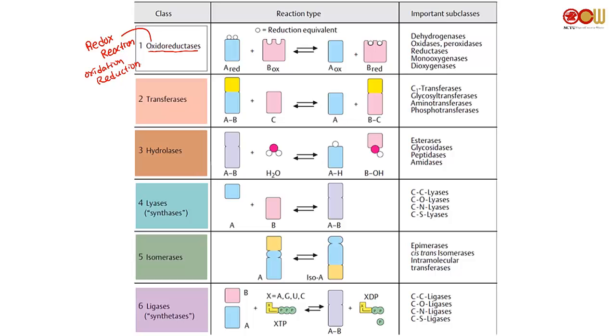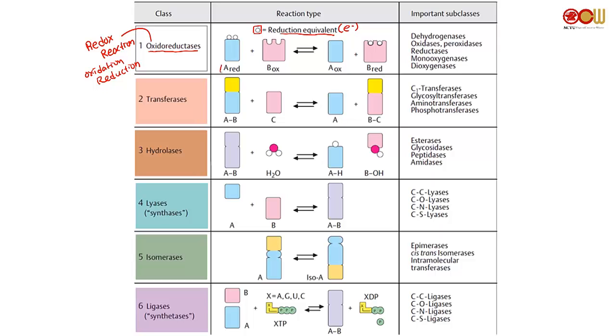So the substrate for an oxidoreductase will be either reduced or oxidized, of course, depending on the direction. Simply put, if you draw a little cartoon, here the white little ball, that's a reducing equivalent, meaning essentially electrons.